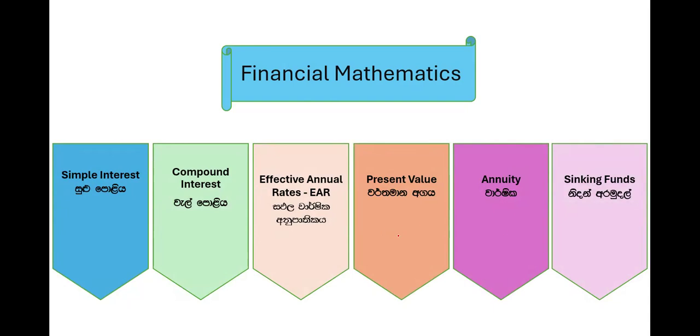Normally we have 6 topics. Also, each topic has at least one formula, and some topics have 2 formulas. So what is the reason it is difficult? Students can't correctly identify which formula can be applied to the question.